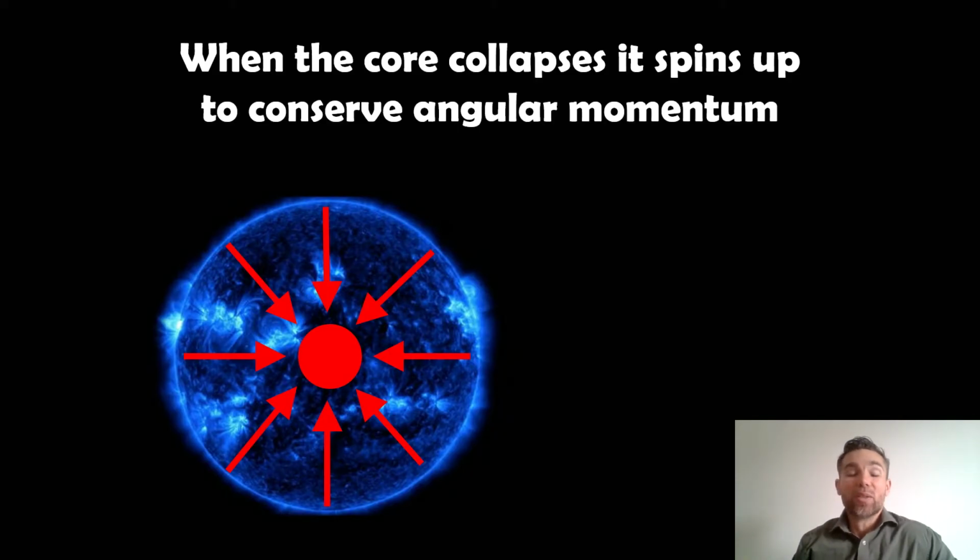But it's rotating, and all stars are pretty much going to rotate. But if you collapse that, then to conserve angular momentum, it speeds up, and that's where the really fast rotation rates come from. Now, obviously, there's some ejection there, but as a general rule, that's why they're rotating really fast.